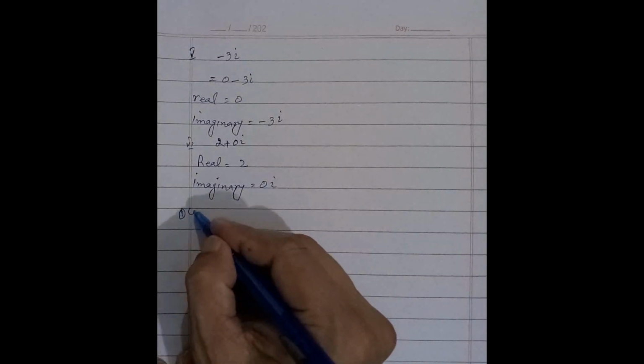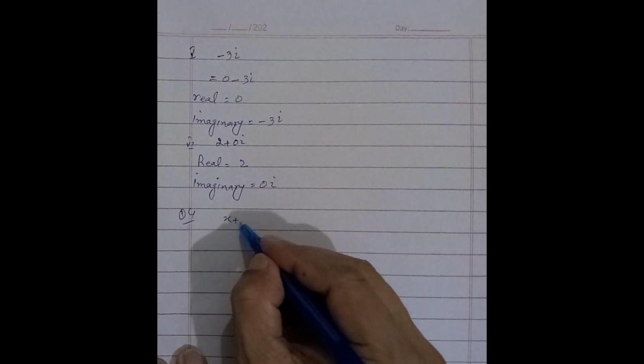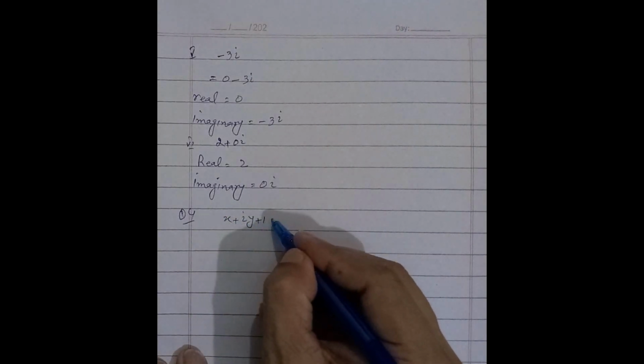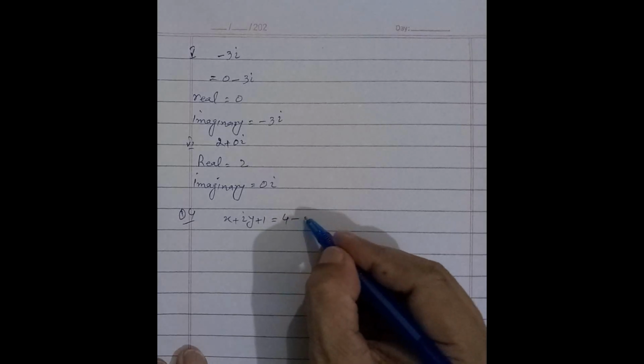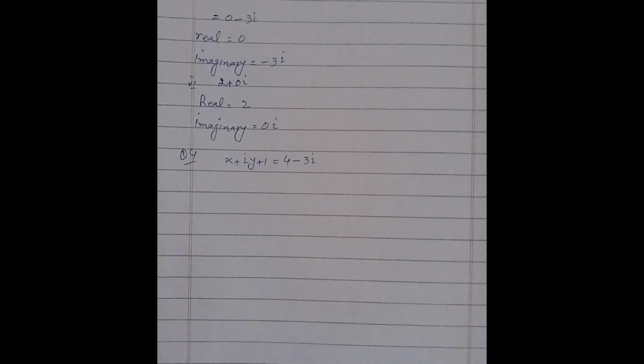And the next is question 4, in which we find the values of x and y. The question given is x plus iota y plus 1 is equal to 4 minus 3 iota. On the left hand side we arrange these values.